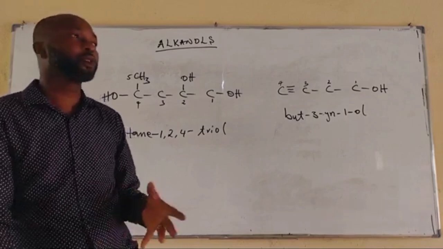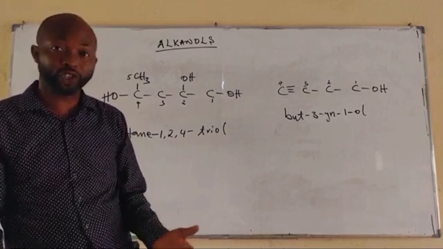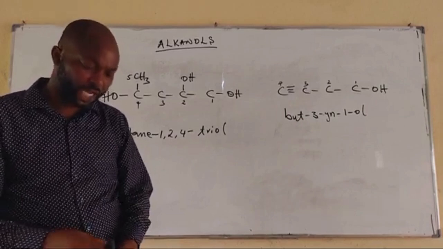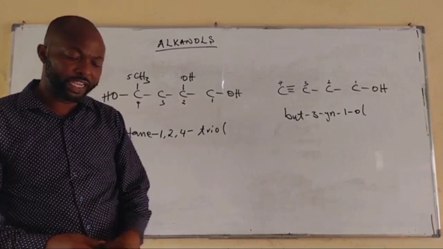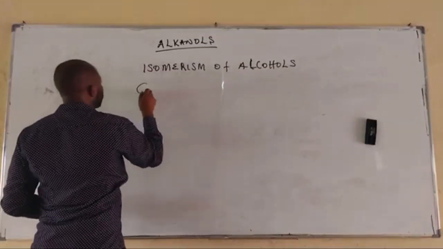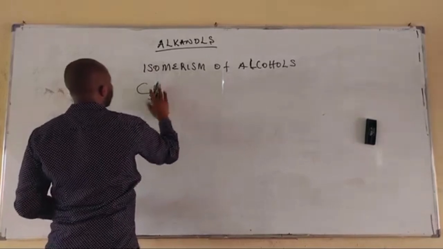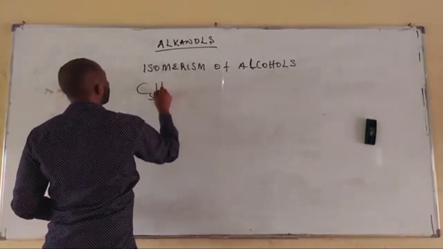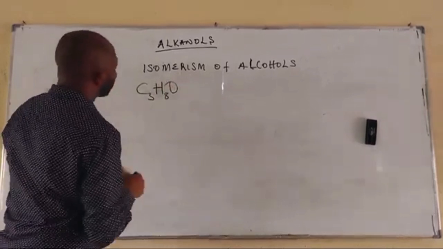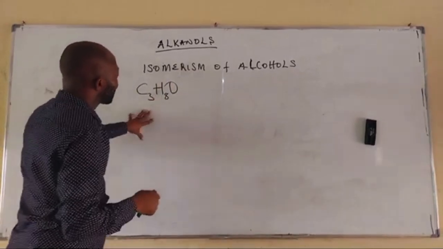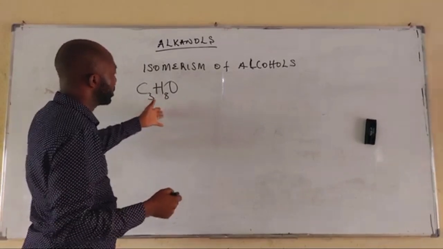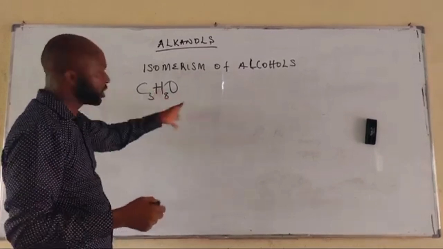So let's take an example, C3H8O. We have this as our molecular formula. Let's see how we can write it to have two structural arrangements.